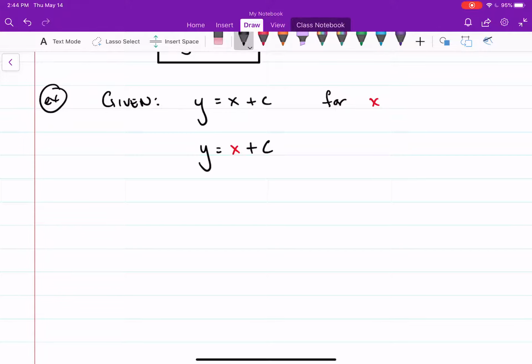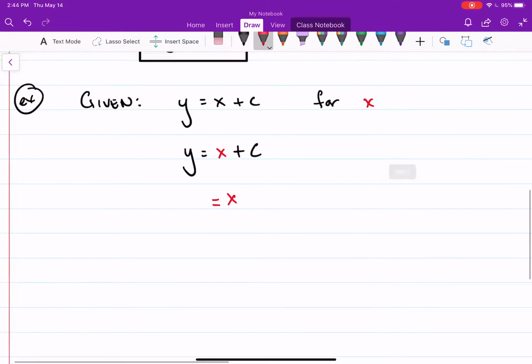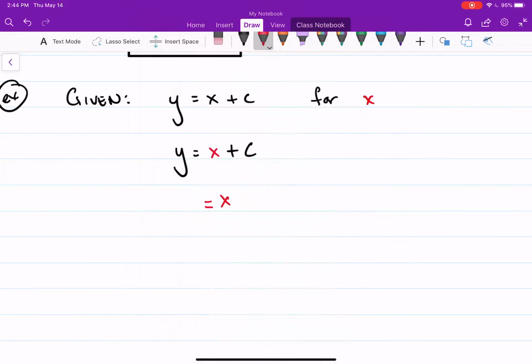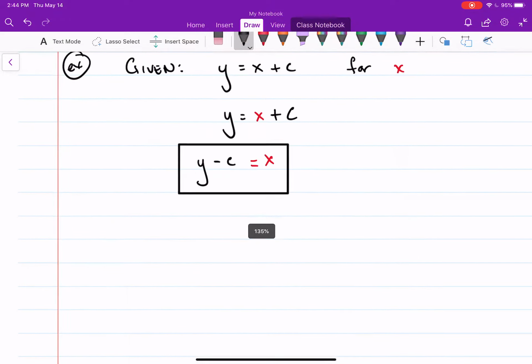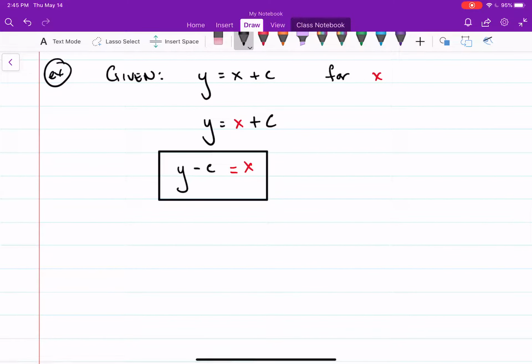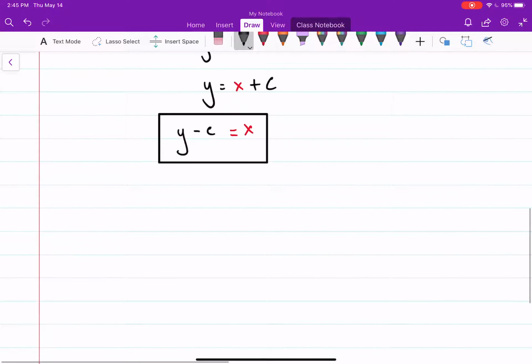Well, what do I have to get rid of? I've got to get rid of the c. So I subtract c over. So I get x is equal to y minus c. And that's it. Just because I can't subtract the y and the c, I'm done, because they're not like terms.